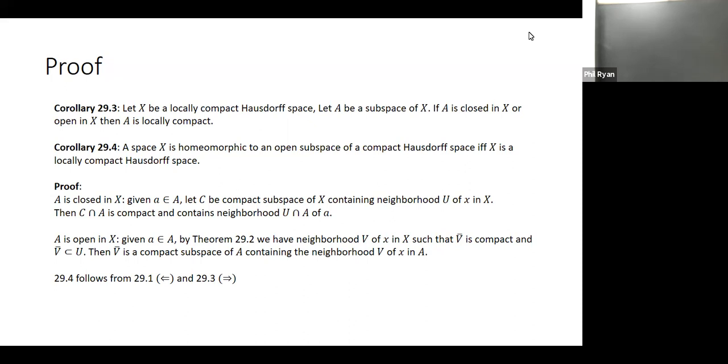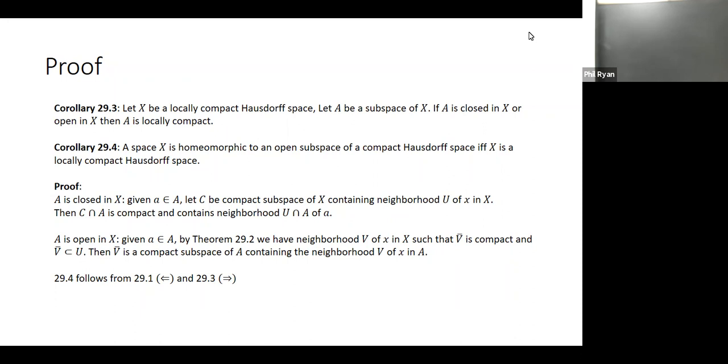So given a point in our closed space, we take a compact neighborhood containing a neighborhood U of that point in X. Remember, because X is locally compact, we can do that.